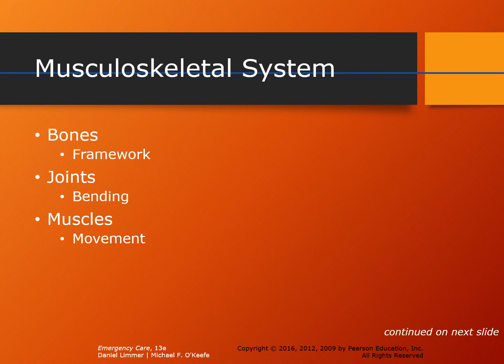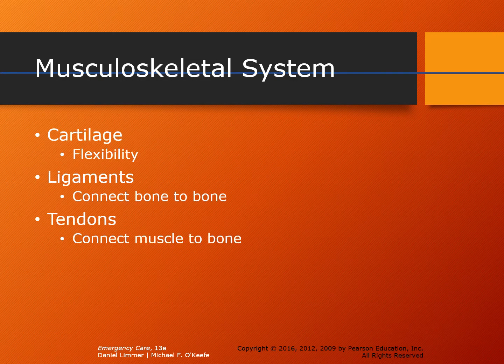The bones that we have in our body provide the framework. It is the structural component that helps us stay upright as well as gives us our general shape. Our joints assist with bending between those two bones and between the bony structures of the body. The muscles aid in movement as well as the ability to keep ourselves in an upright moving position.